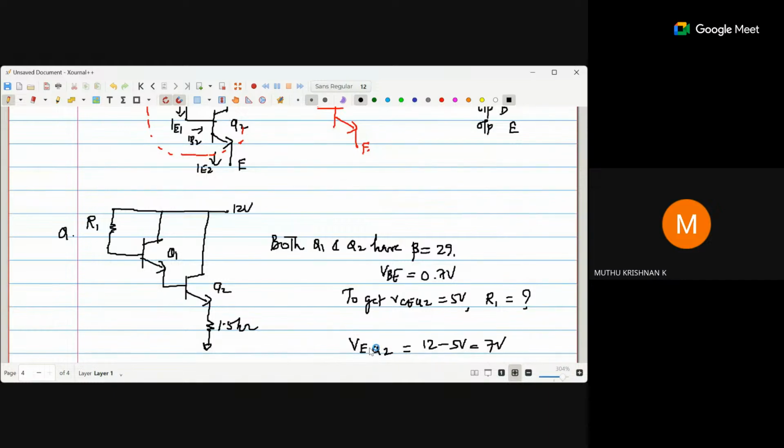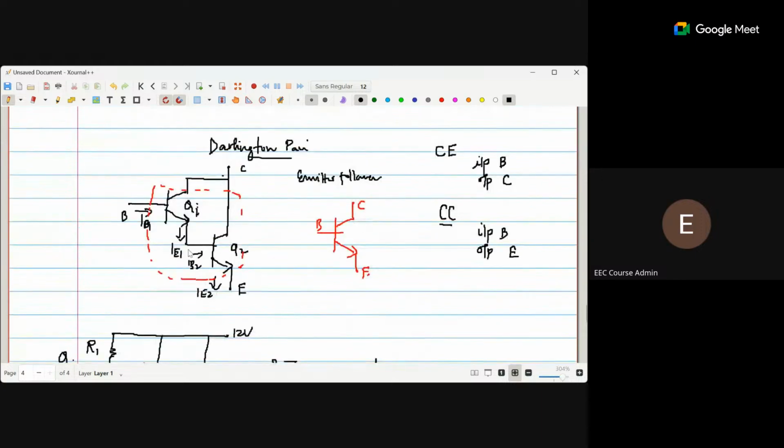Ma'am, at that place, should we use beta plus 1 whole square or beta square plus 1? Beta plus 1 the whole square, correct? Because you will have that IE is equal to beta plus 1 IB, correct? So that will be beta plus 1 the whole square.